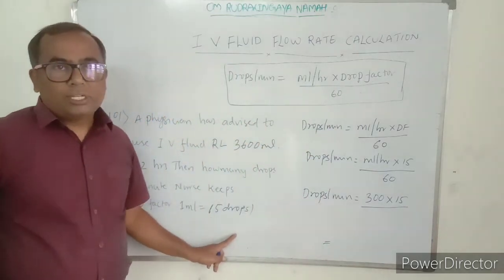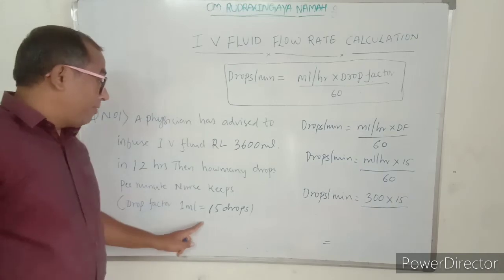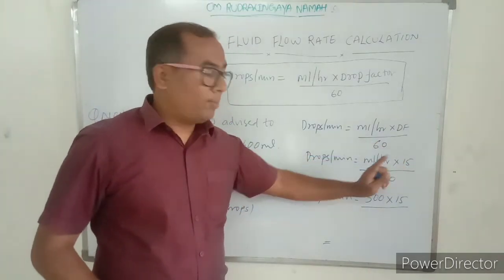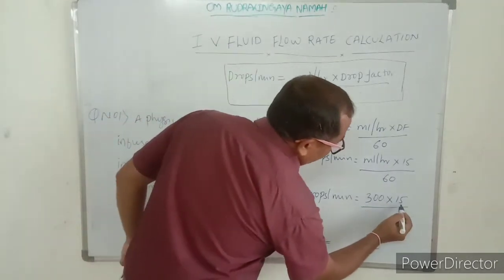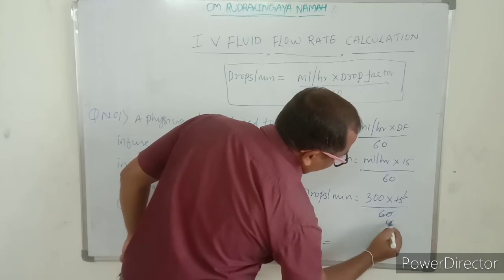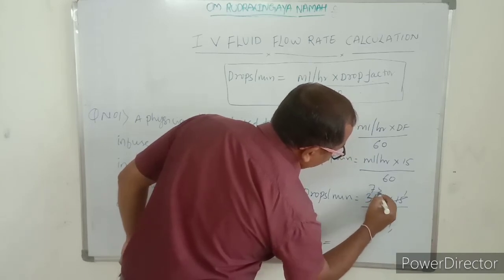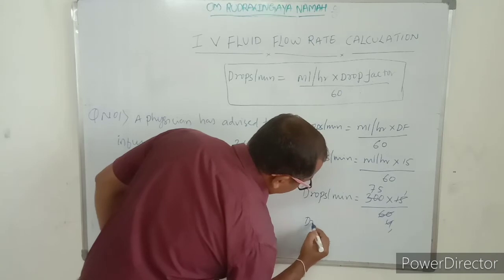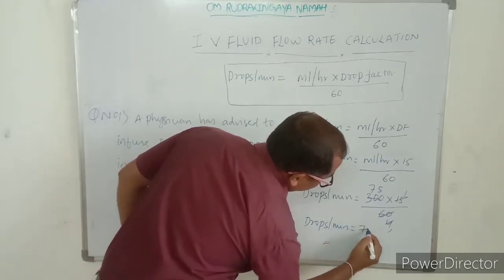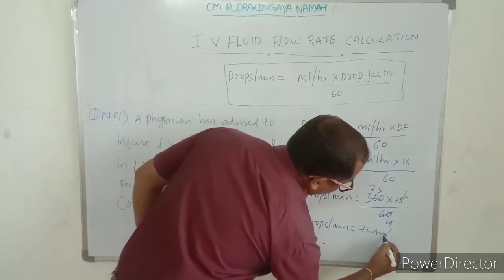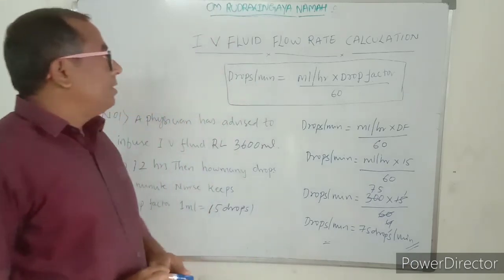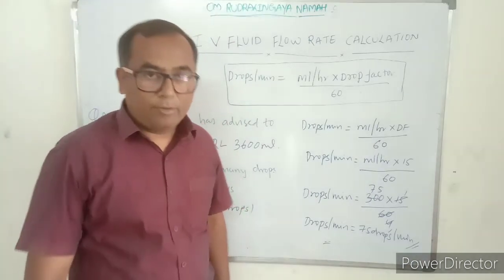So that is why in the question you have to see how much drop factor they have mentioned. According to that you have to put the drop factor in the formula. So drop factor they have mentioned 15, divided by 60. So 15 fours are 60, 4 ones are 4, 4 sevens are 28, 4 fives are 20. So here drops per minute is equal to 75 drops per minute.